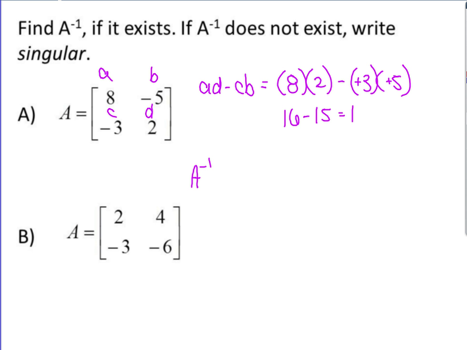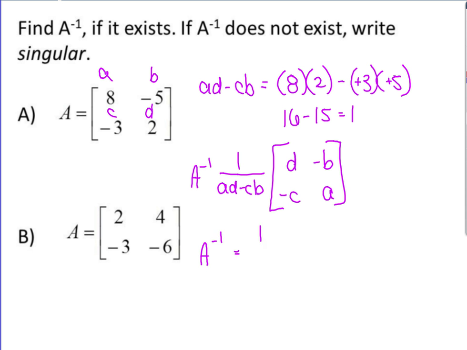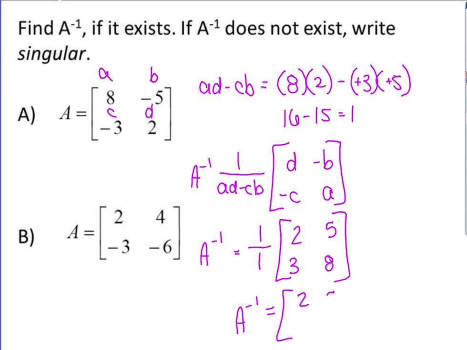So to find the inverse matrix, we do 1 over that AD minus CB, and multiply it by D, A, negative B, and negative C. So our inverse matrix is going to be 1 over 1 times 2, 5, 3, and 8. Remember, when you multiply a scalar by a matrix, you multiply it by each value inside the matrix. So our inverse matrix will just end up being 2, 5, 3, and 8, because we're just multiplying each piece by 1 over 1, or just 1.